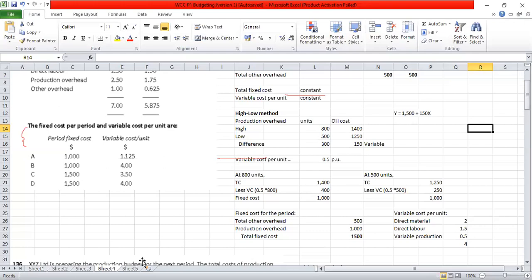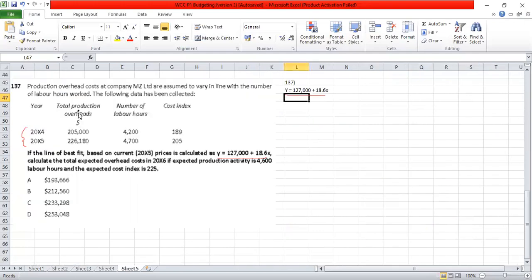Likewise, here in this example, there are two different activity levels, that is 4,200 labor hours and 4,700 labor hours. At these labor hours, these are the costs which are given. They have finished doing the calculation separating the variable component and fixed component. We are now provided with the equation y is equal to 127,000 plus 18.6x.